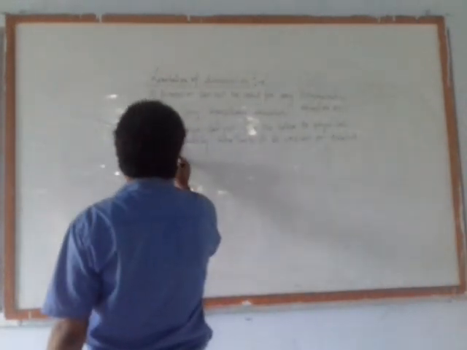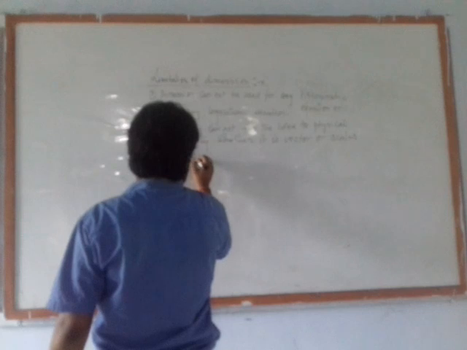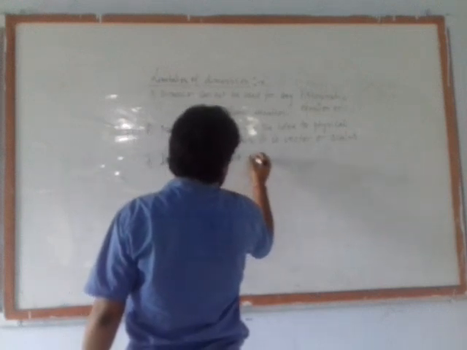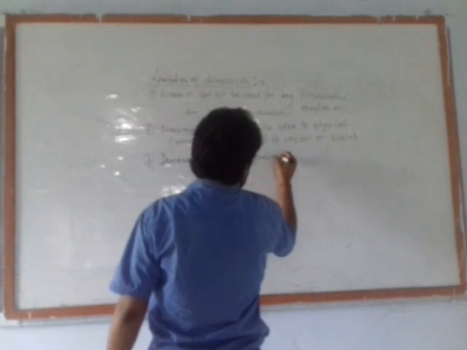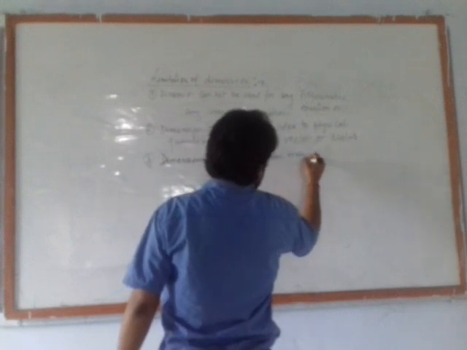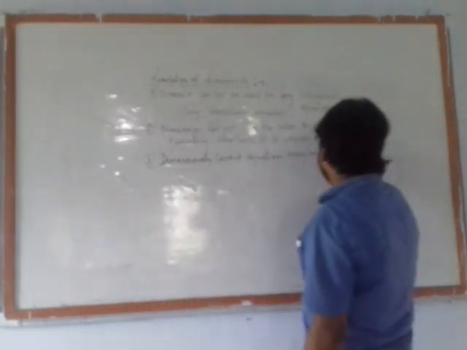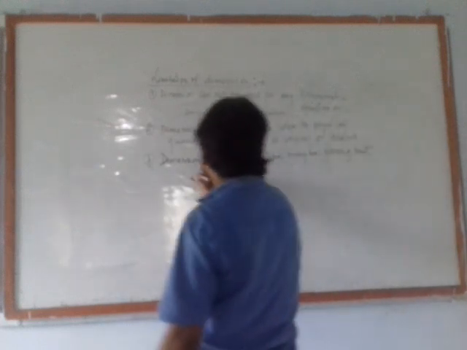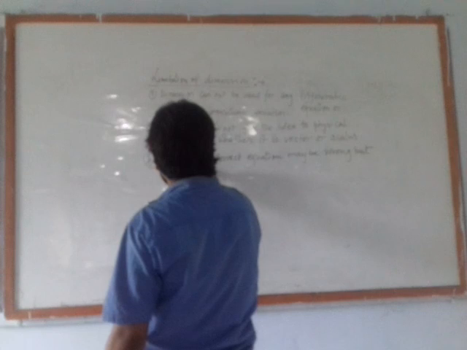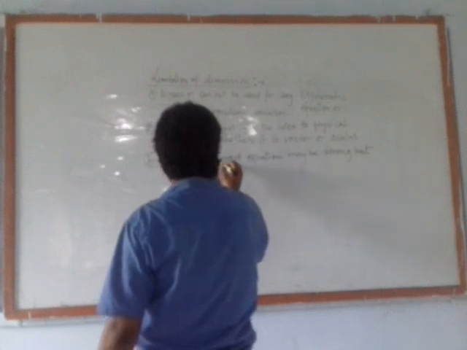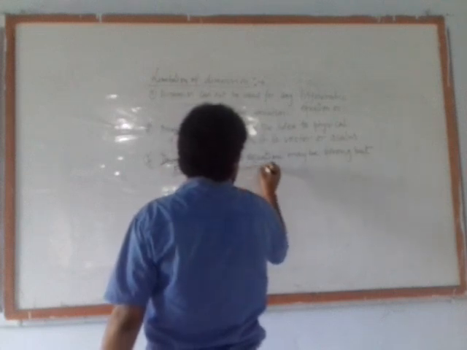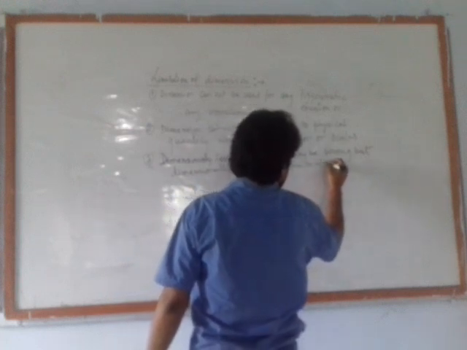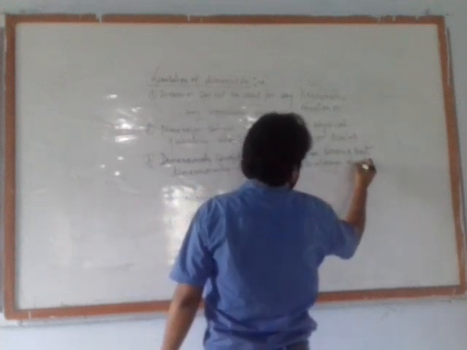So dimensionally correct equation may be wrong, but dimensionally wrong equation is always wrong.